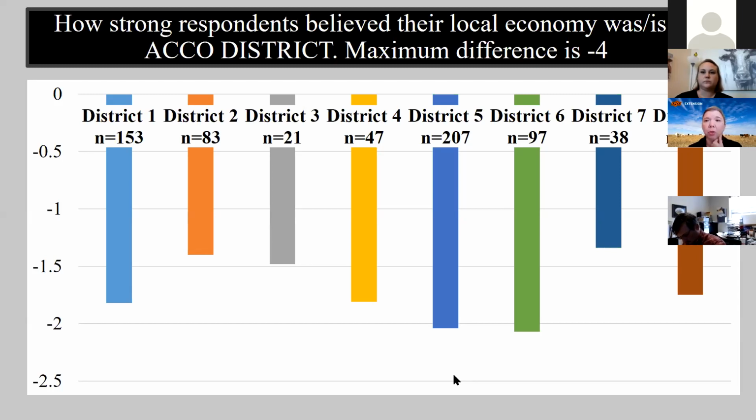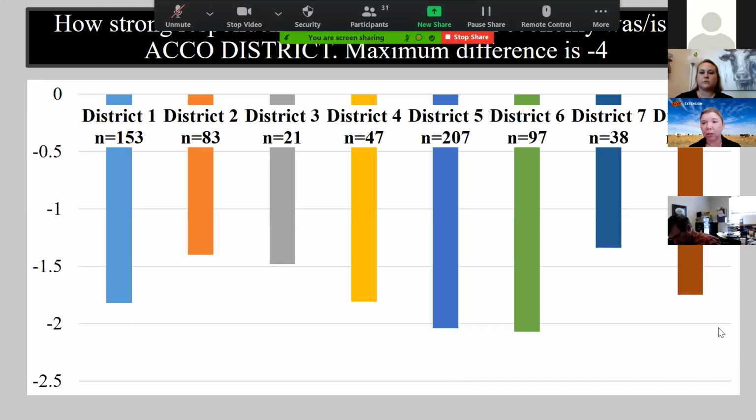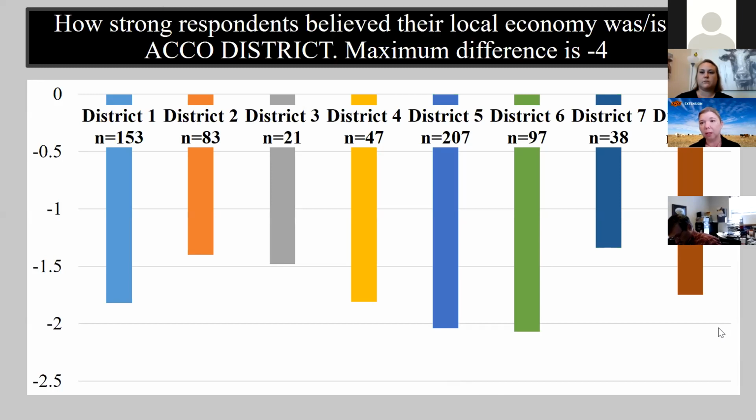I also thought it was interesting that our more rural areas actually were different. Whenever you look at, for example, District 8, which is up in the northwestern part of the state, as compared to District 3, down in the southwestern part of the state, you do see some impacts there. So I guess the bottom line here is that everyone all over the state really felt like there was some weakness in the economy as compared to what we had before.